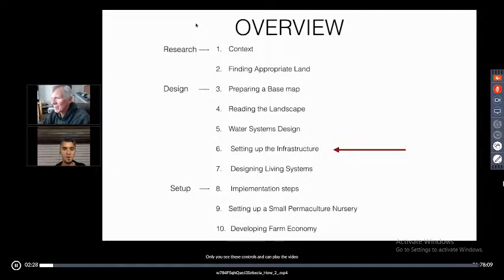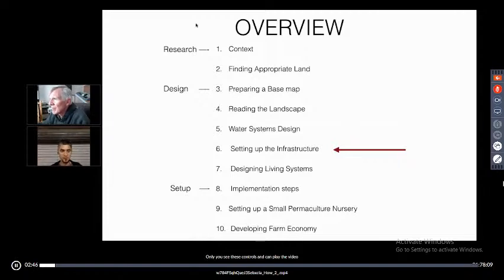So we are now in setting up the infrastructure, and we went through the whole lessons of defining our context for our resilient permaculture farms, and finding appropriate land.